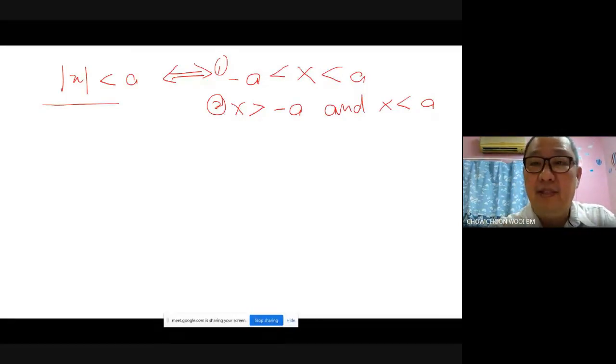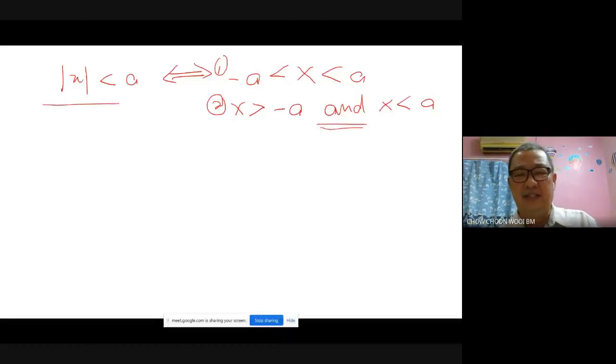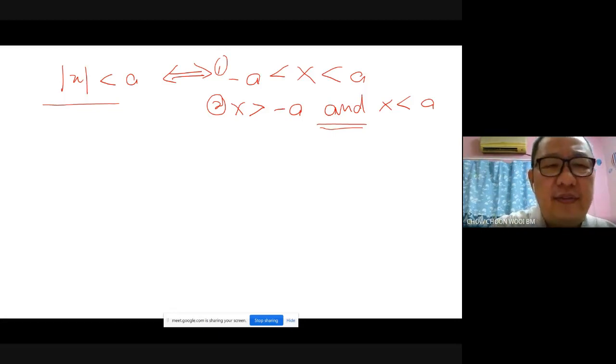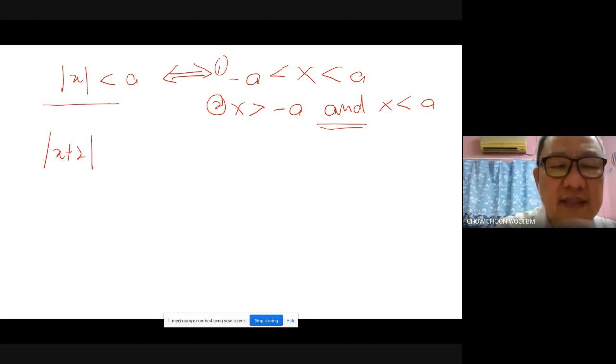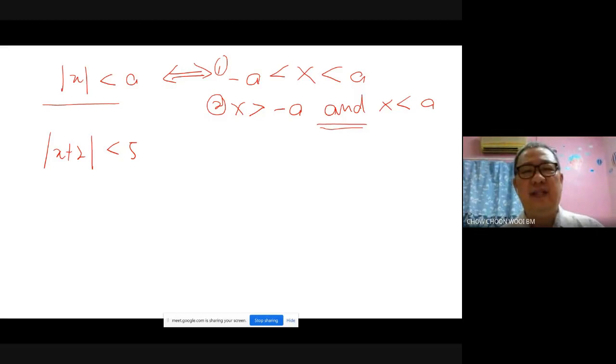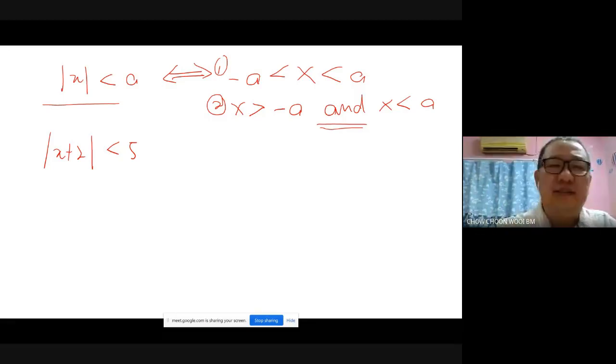So remember the word and here. Apa maksud saya di sini? Okay, so let me tell you. So if I give you the modulus of x plus 2, jadi based on the definitions here, modulus of x plus 2, ini adalah x kita, ini adalah a kita.